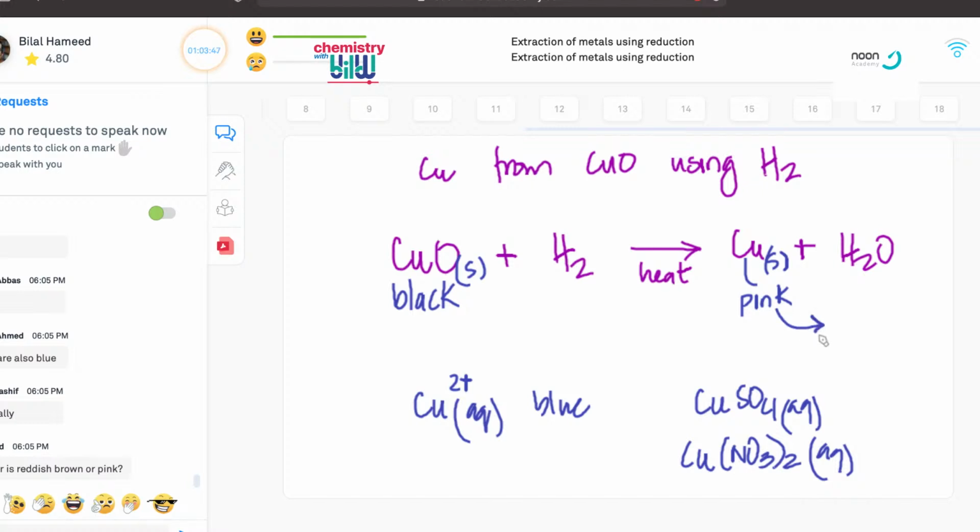It is pink, but with some impurities, because its surface forms a little copper oxide, so it starts turning black. If you ever played with wires, pure copper in the wires is very orangish, pinkish orange. And then over time it starts becoming black, because that's copper oxide forming. All right?